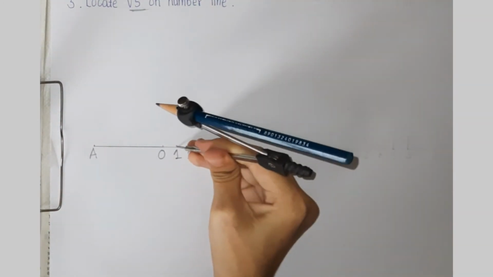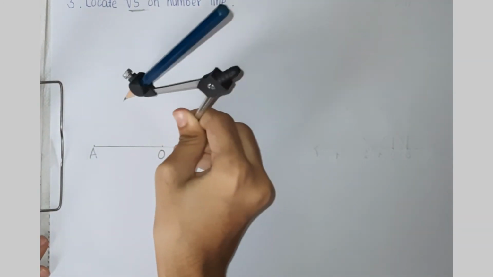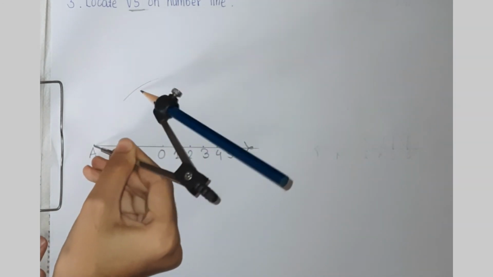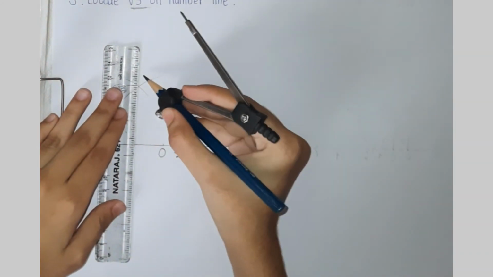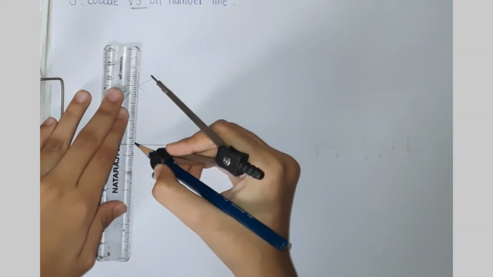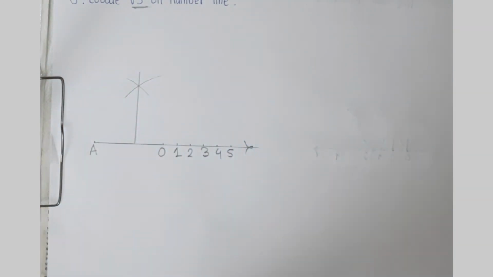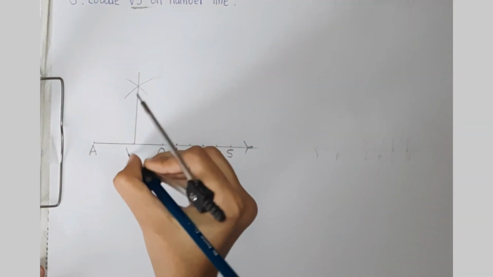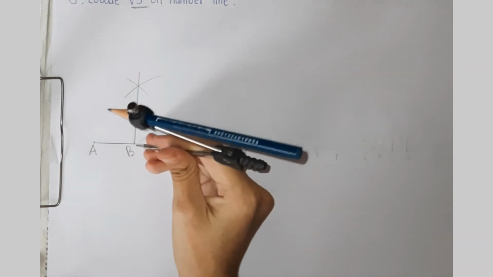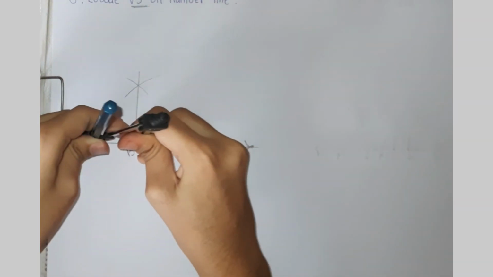We'll find the midpoint of A to 1. The midpoint would be here. We'll name this midpoint as B. Taking this B as the center, we'll draw a semicircle.